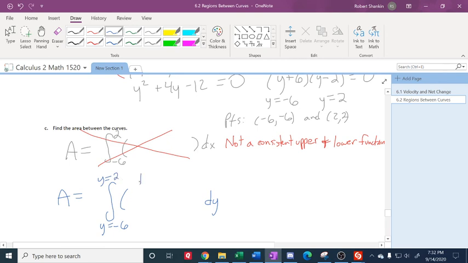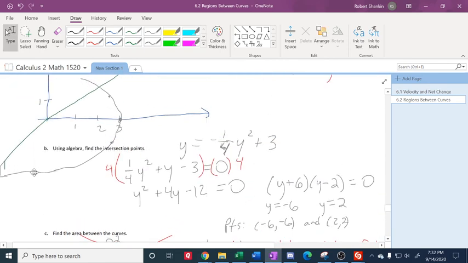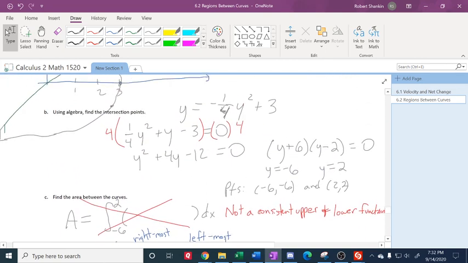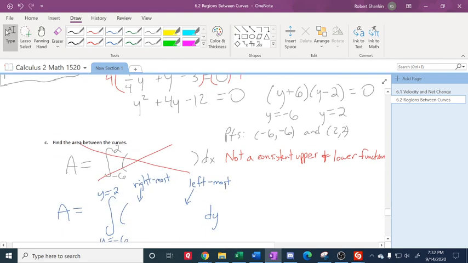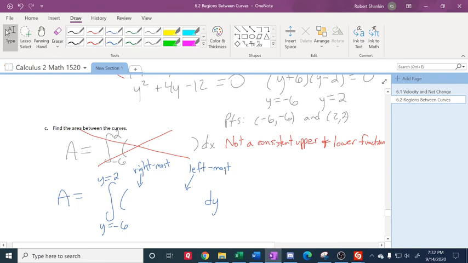Then we need the rightmost, and then the other function has got to be the leftmost. There is one function that is consistently the rightmost, and one that's consistently the leftmost. So although we could do it up and down, it's way more complicated. It's going to take 2 integrals. It's much easier if we consider rightmost and leftmost.